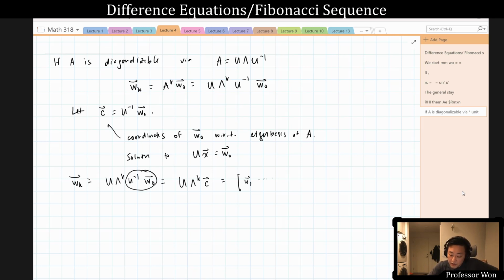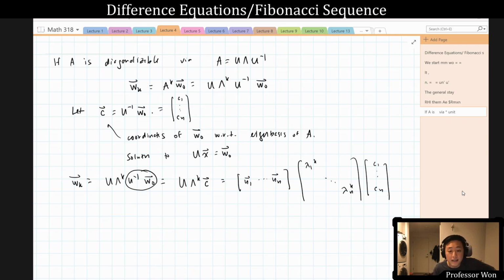Suppose the columns of U I call u_1 through u_n. Lambda to the k is, of course, just this diagonal matrix. And let's call this vector c_1 up through c_n. That's the coordinates of the initial state vector in terms of our eigenbasis.